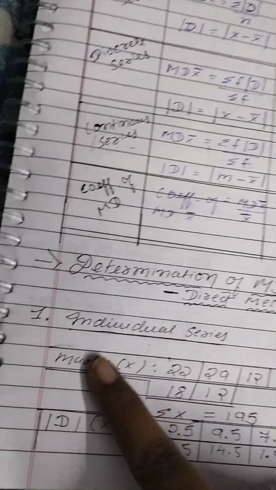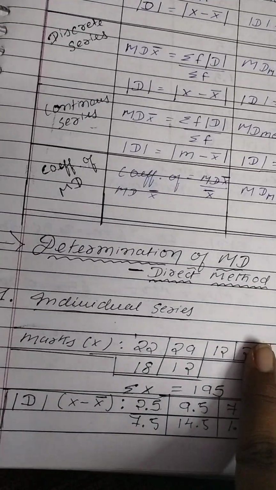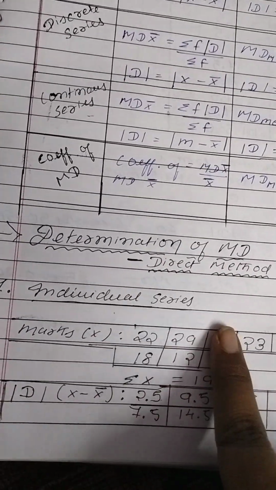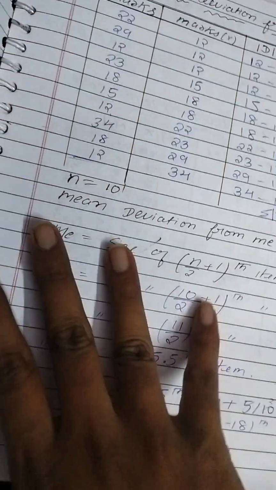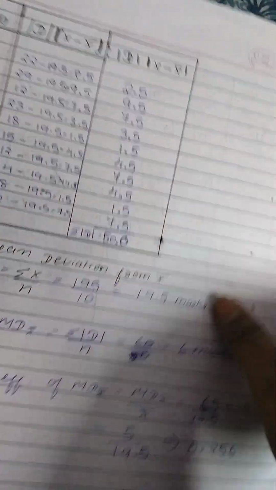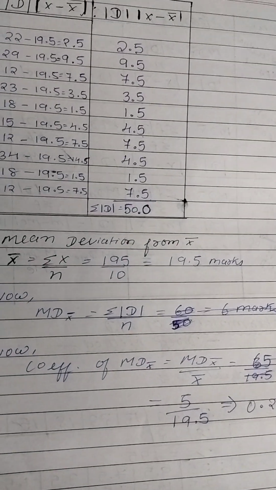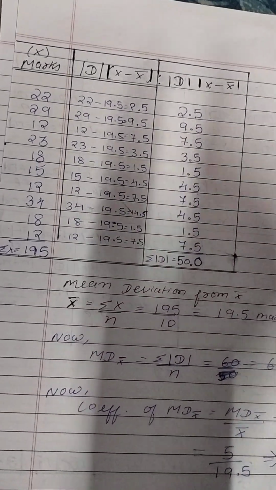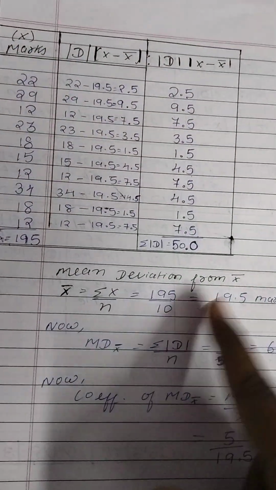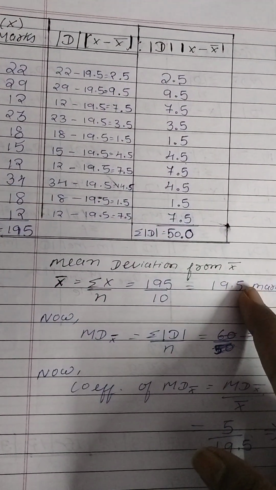Here there are just x observations, with no frequency. So how will we calculate? First we calculate the mean, because we are using the direct method from the mean.